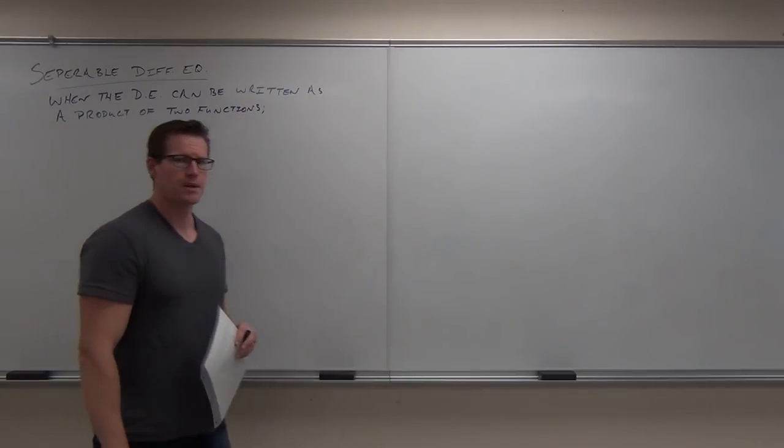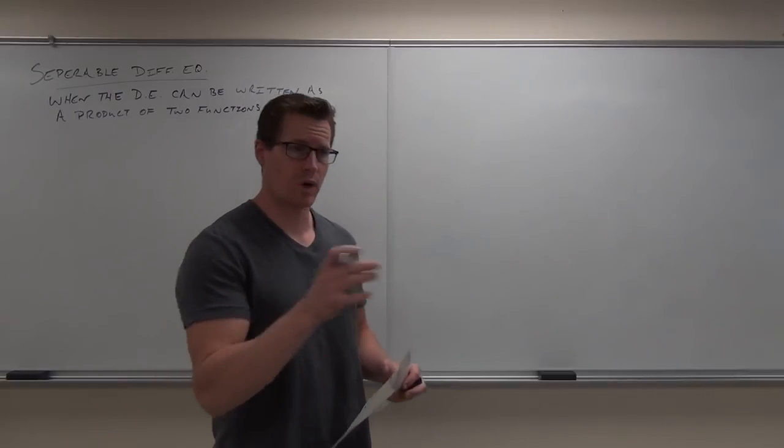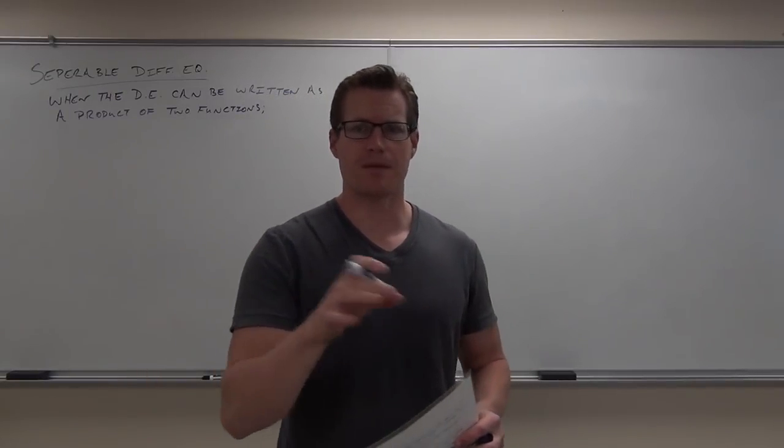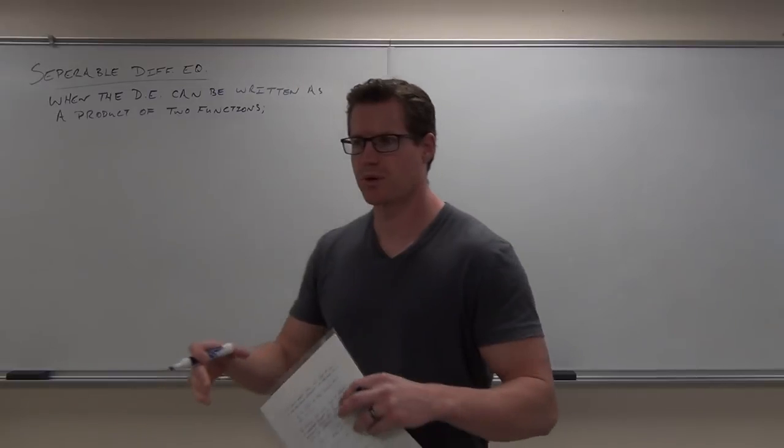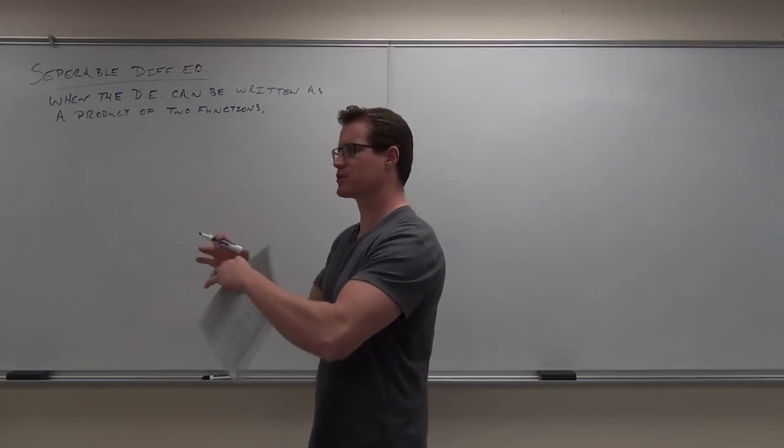More specifically, those two functions should be one in terms of one variable and the other in terms of the other variable. So one would be in terms of, say, x, and one would be in terms of, say, y.